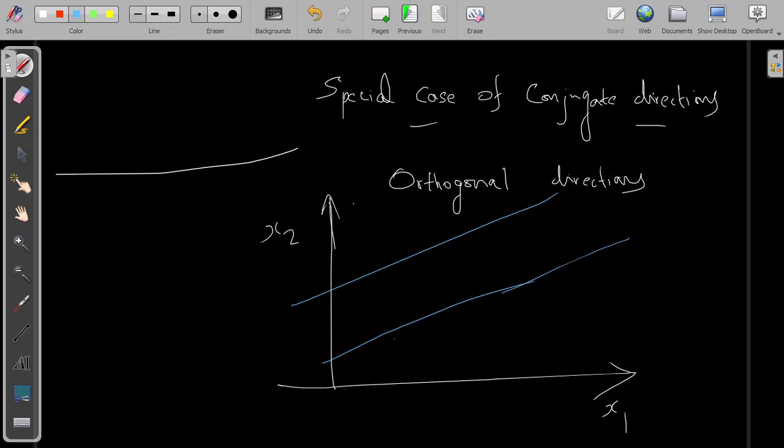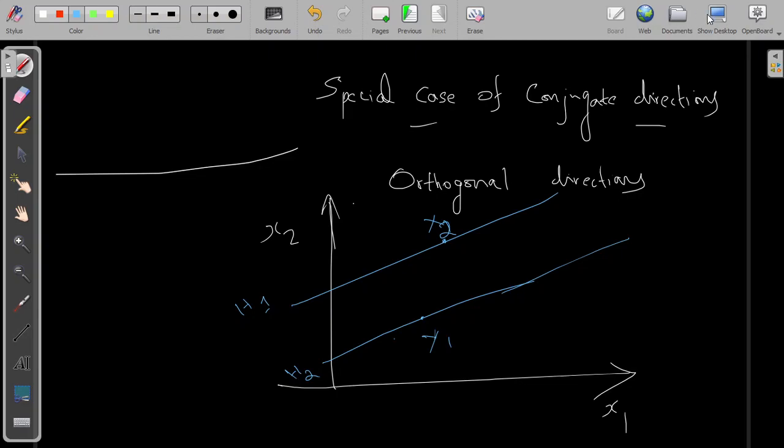This is h1 and this is h2, and it is given that x1 and x2 are two vectors, or 2 points, on these two hyperplanes.